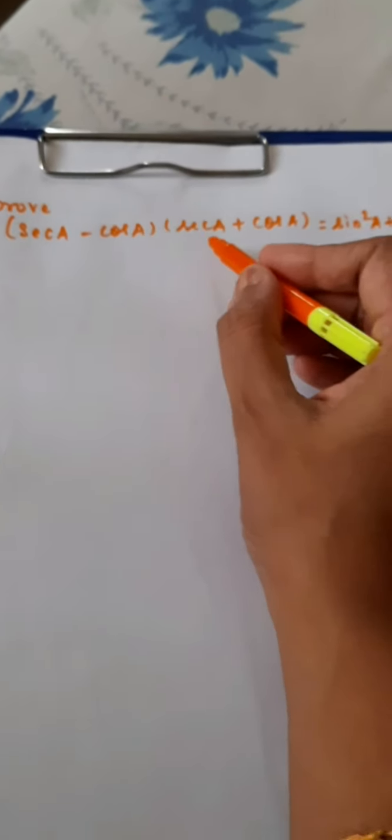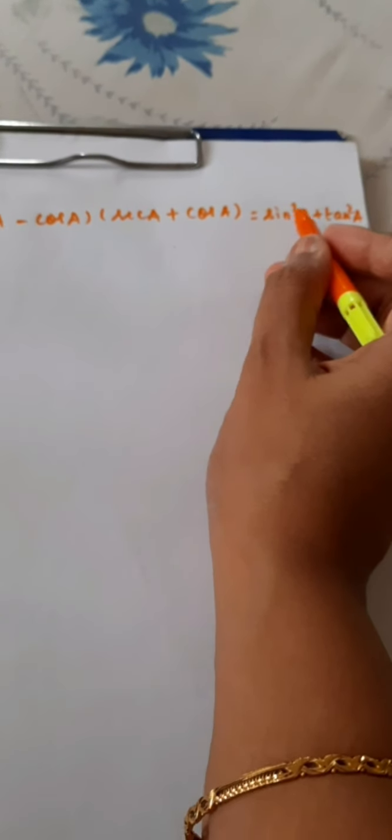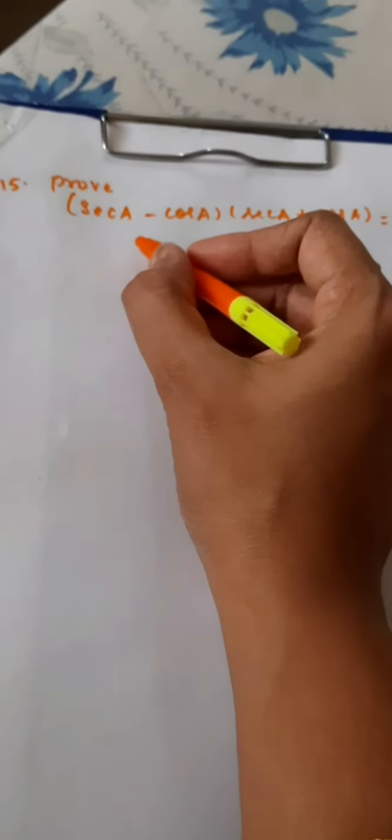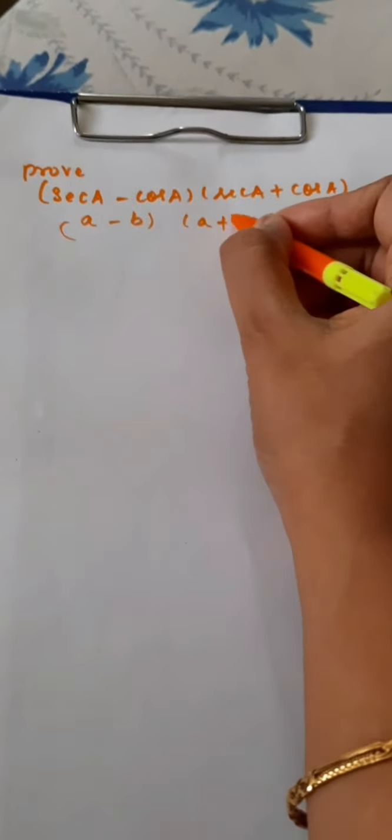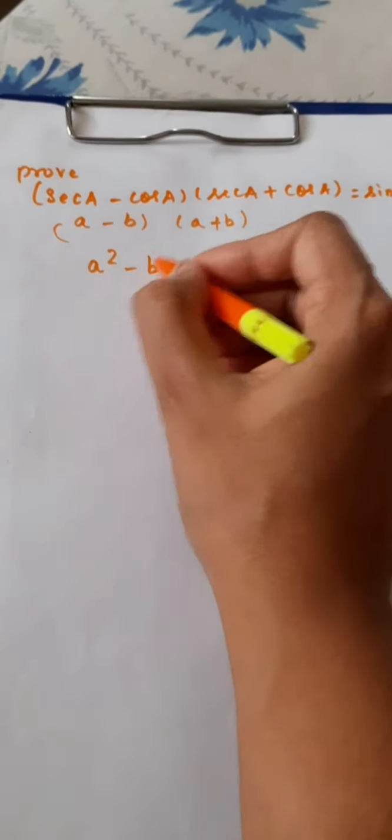Next, question 15. Prove secant A minus cos A into secant A plus cos A is sin square A plus tan square A. This is again of the form A minus B into A plus B. So we know the formula is A square minus B square.